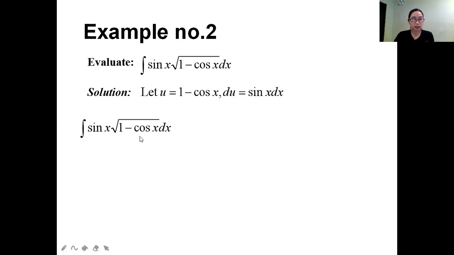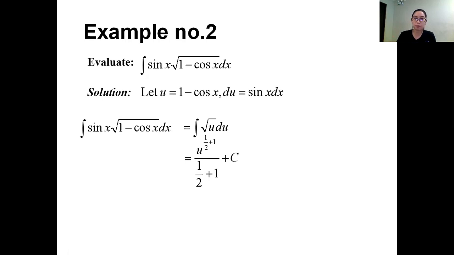So the integral of sine x square root of 1 minus cos x dx is equal to the integral of square root of u du, or u to the power of 1/2, right? So u to the power of 1/2 plus 1 over 1/2 plus 1 plus c. So we just performed the power rule for integration.